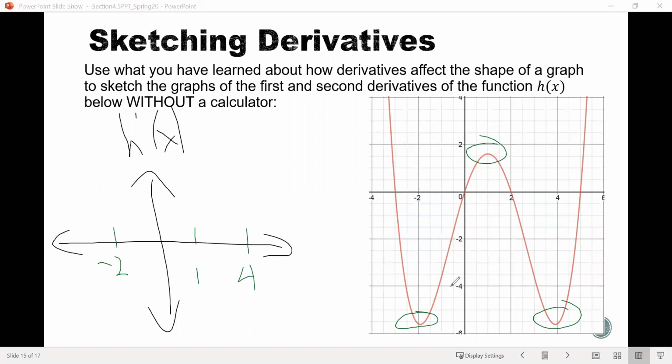All right, and I will tell you for this next part, there's a little bit of guessing and approximation that goes with it, but we should be able to more or less sketch a pretty accurate portrayal of the first derivative.